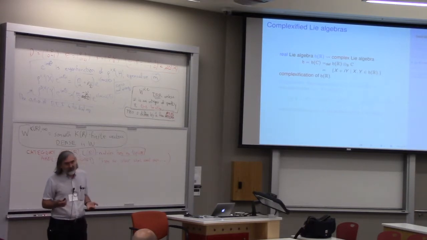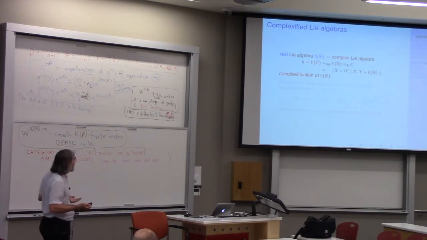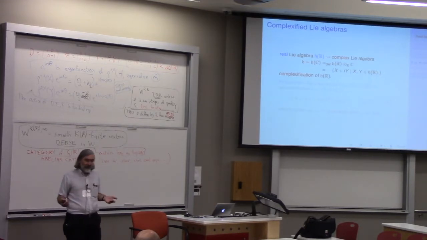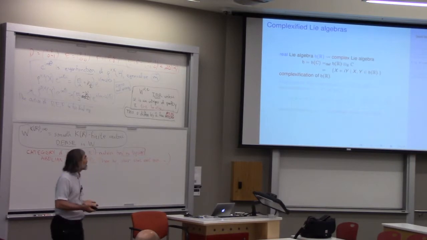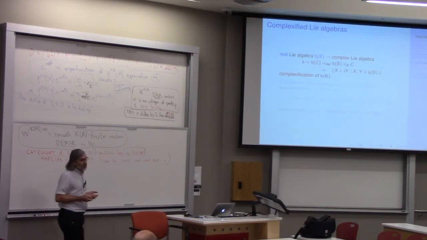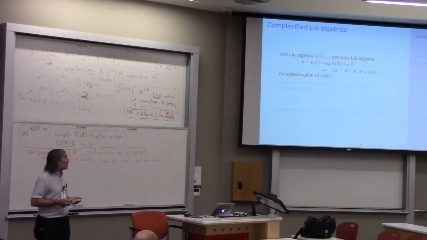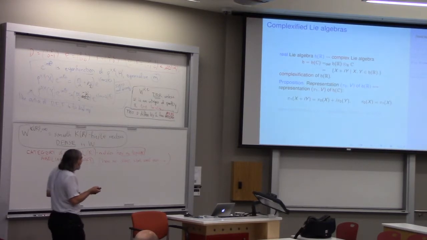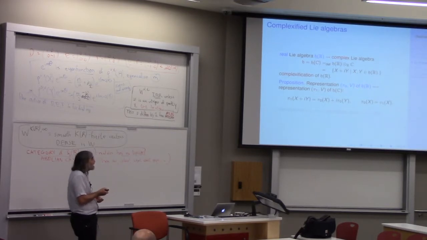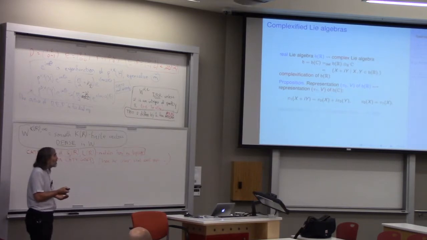We know that the structure theory for complex Lie algebras is a bit simpler to understand than the structure theory for real Lie algebras. And we're interested in doing representation theory. And the point is that if you have a representation of a real Lie algebra, that's exactly the same thing as a representation of the complexified Lie algebra. Here are the formulas.